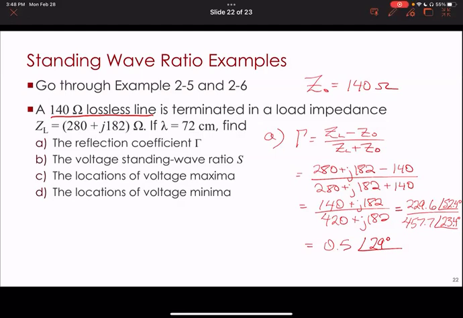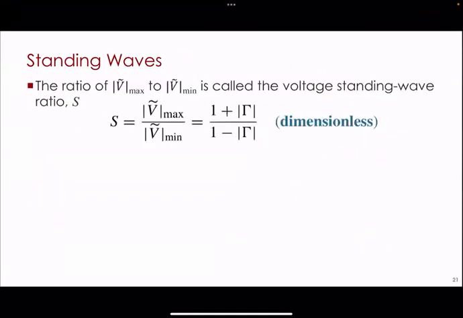Okay, so we're good on part A. Everybody's good on part A. Okay, part B, the standing wave ratio. So this one's pretty easy after we do part A. We just use that formula. We already calculated gamma, and we had it already in polar form, which is the magnitude of gamma with an angle of gamma.